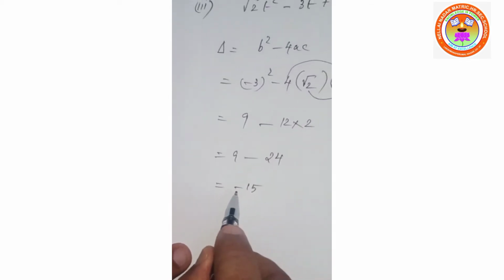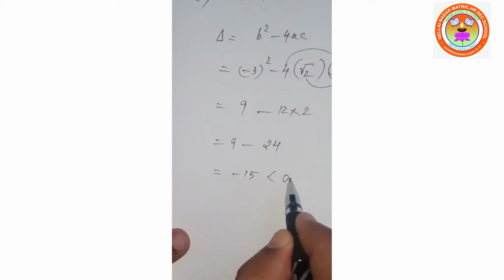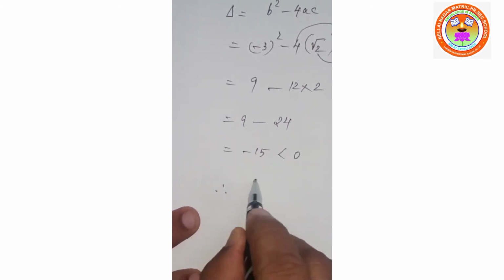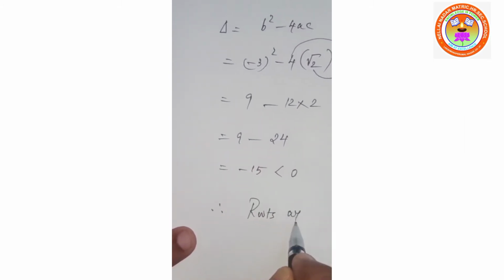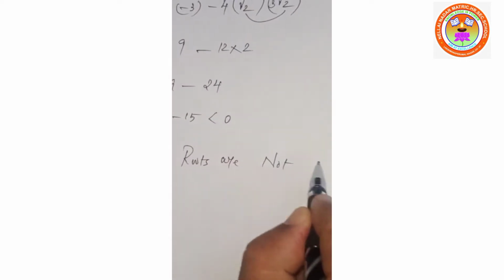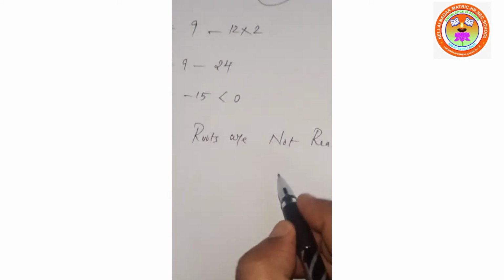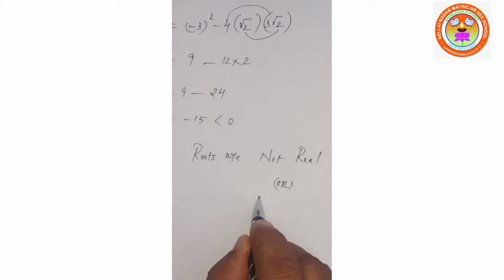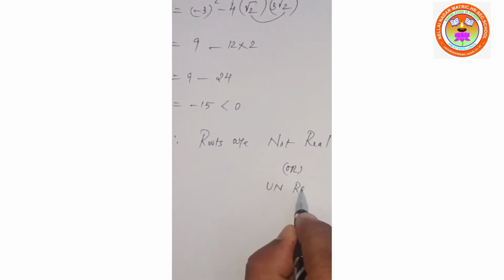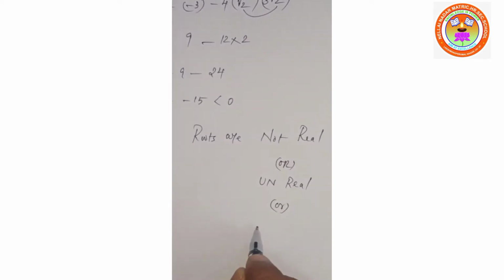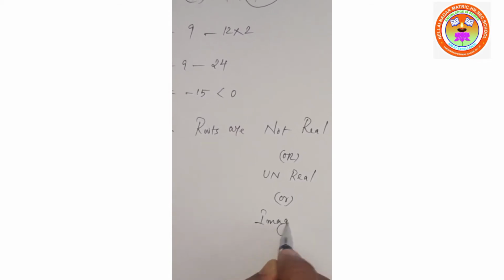It's a negative number, so we have to put less than 0. If it is less than 0, you have to write the roots are not real. Very simple. You can even write unreal, or the roots are imaginary. Write any one of them.